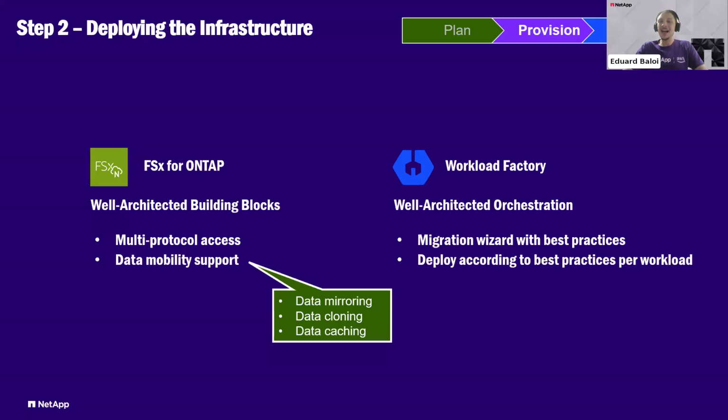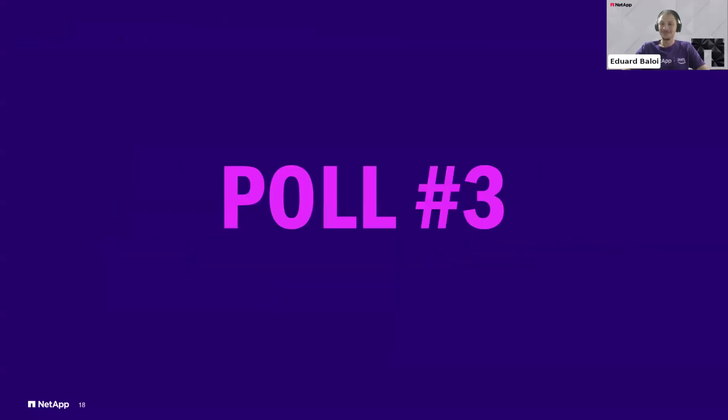With that, I would like to put a ribbon on the provisioning side and just have a quick poll. All right, so in our third poll, we would like to know, how do you know if your infrastructure is not optimized? Are the monthly costs unexpectedly high? Are users reporting issues? You're not sure if it's optimized or not?